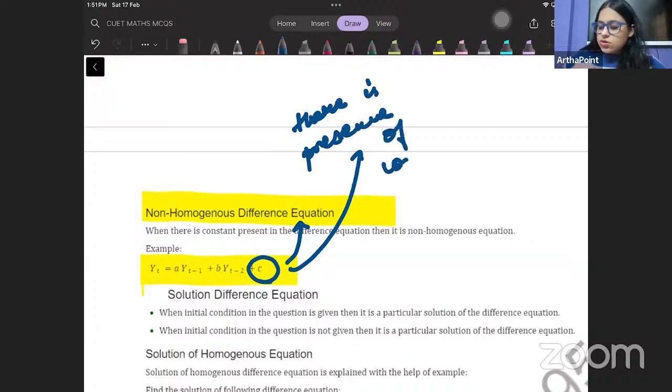Now, depending on whether I have a homogeneous or a non-homogeneous difference equation, my solution will vary. If it is homogeneous we will solve it one way, and if it is non-homogeneous we will solve it differently. Ideally, you should be aware of the proofs for homogeneous versus non-homogeneous difference equations.